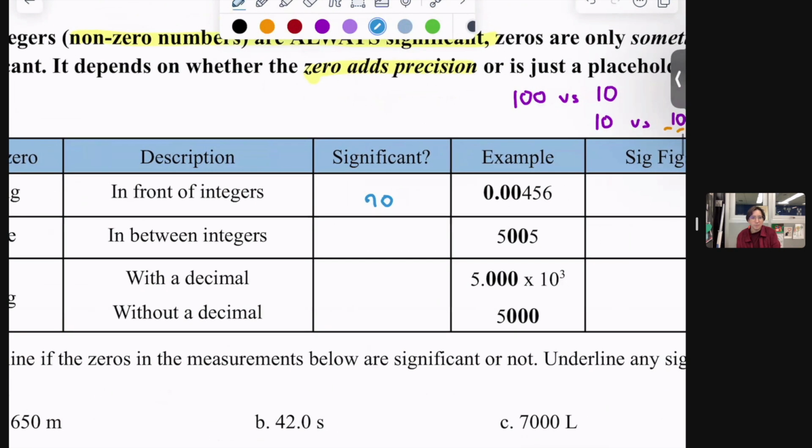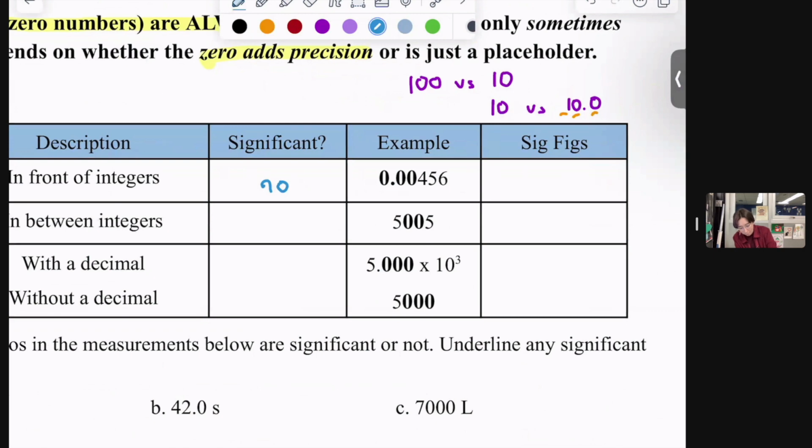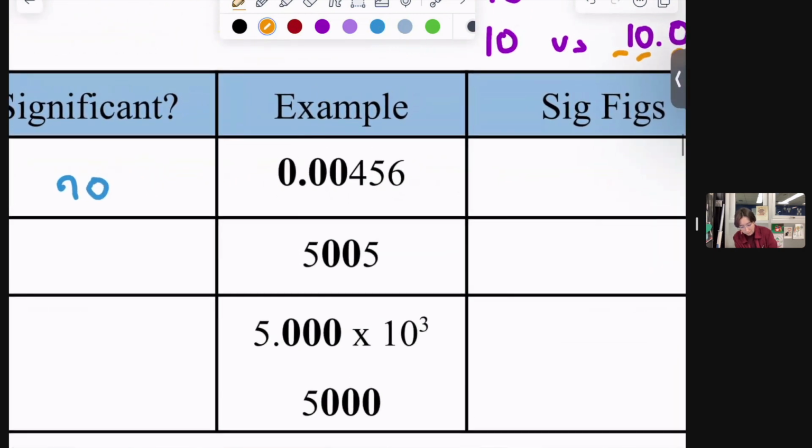Again, it's the concept of that makes it the number. 0.0004 is a different number from 0.04. It just makes it what the number is. It's not actually adding precision. So if I was to count significant figures, I would not count the zeros in the front. I would just count 1, 2, 3, my non-zero numbers. So this number has 3 sig figs, is what we'd say.